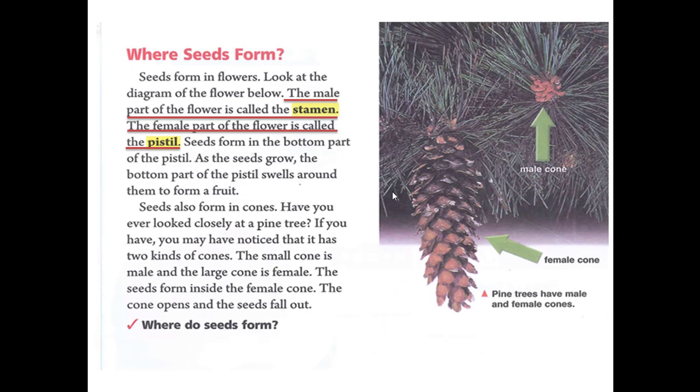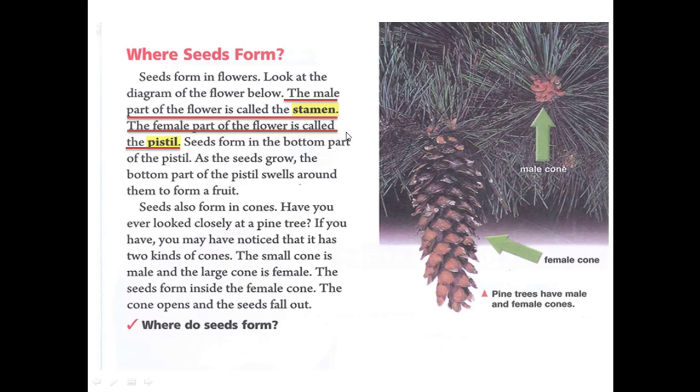But non-flowering plants, like pine trees, form seeds inside the cones. For example, the pine tree has two types of cone, male cone and female cone, and the seed will form inside the female cone. Okay.